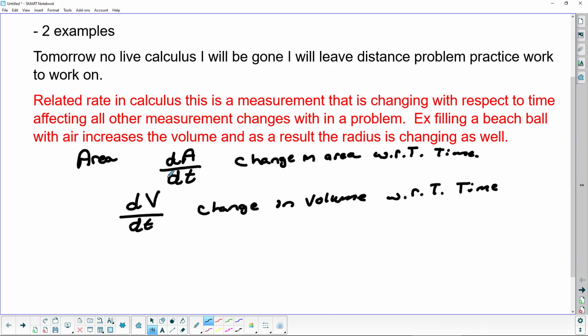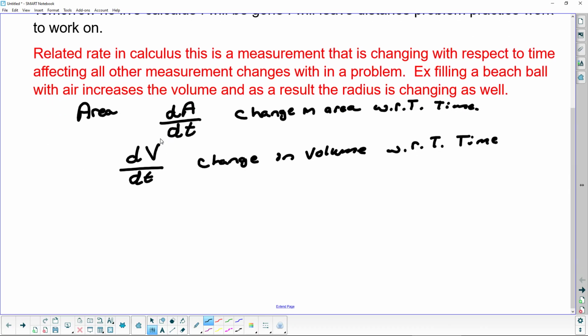So there are 3 equations that we have to recall from our grade 7, 8, 9, 10 days. Circumference is the distance around a circle. That's 2 pi r or pi d, if you remember.